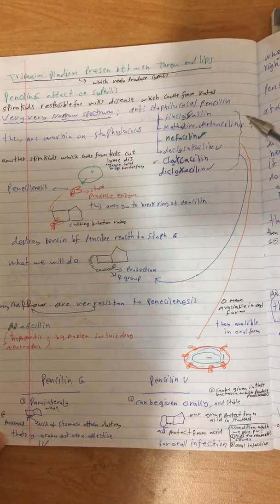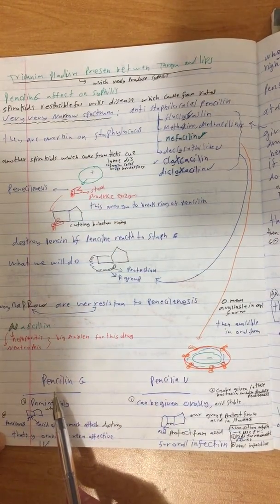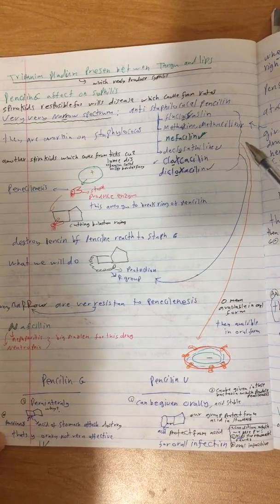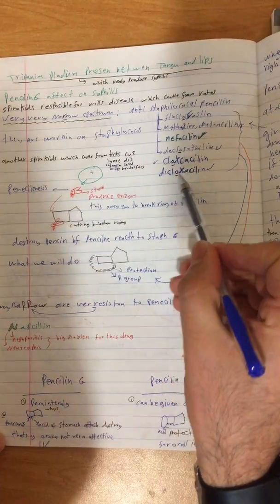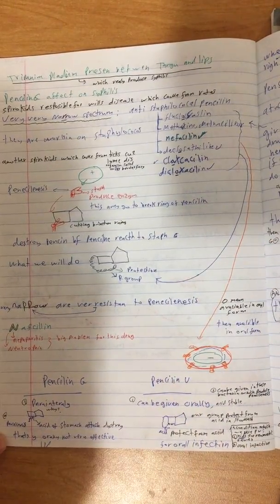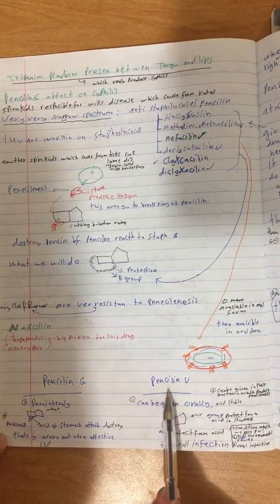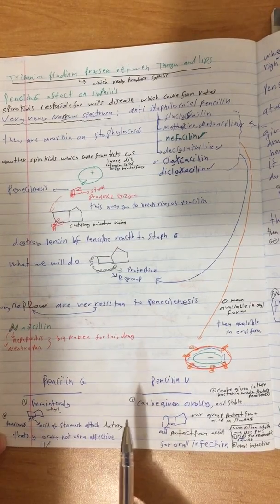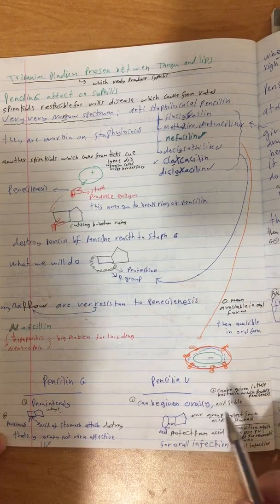These drugs, for example cloxacillin, dicloxacillin, and flucloxacillin, if there is an O, we can give them orally. So now the difference between penicillin G and penicillin V. Penicillin G can be given parenterally, but penicillin V can be given orally.